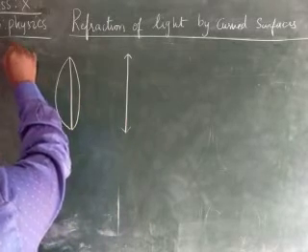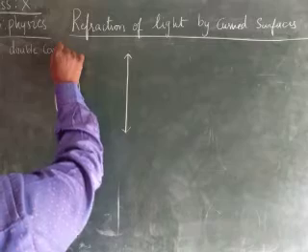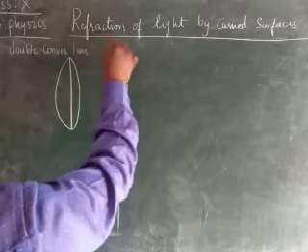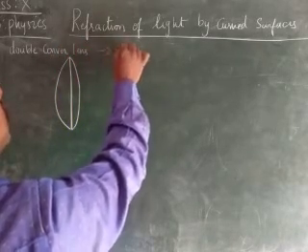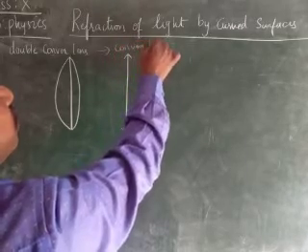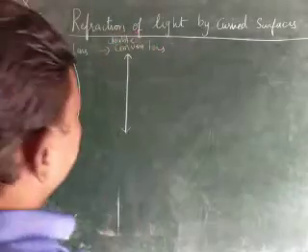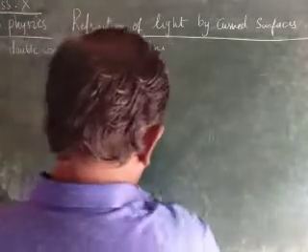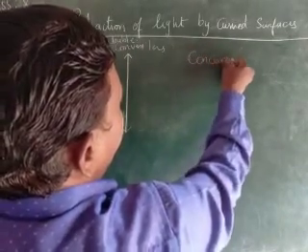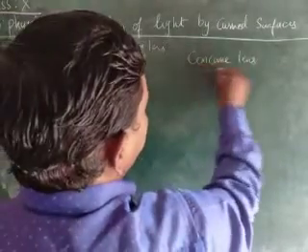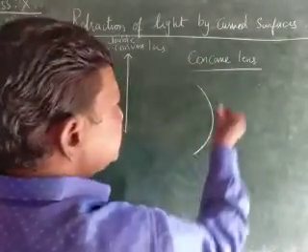This is the double convex lens. This is also a double convex lens. In the same way, the concave lens we normally represent like this, or like this.